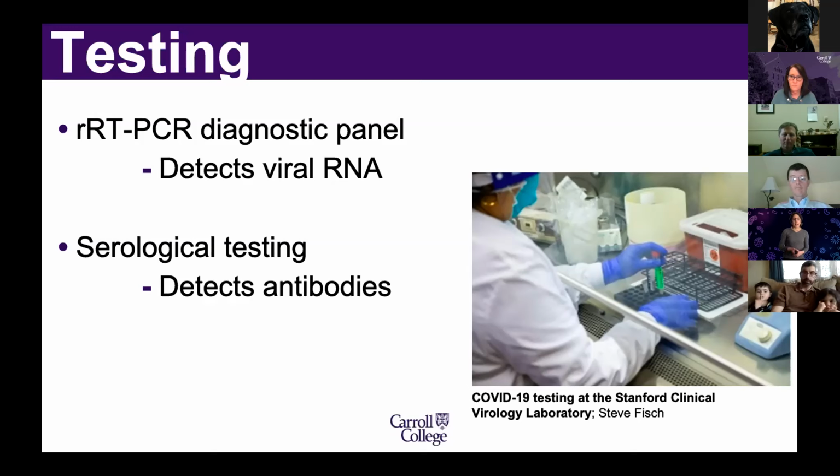That RNA then gets turned into DNA using an enzyme called reverse transcriptase, and that is the RT part of this procedure. Then the DNA can be copied or amplified using specific DNA sequences called primers that are unique to this particular virus. And that's the PCR part of the test.